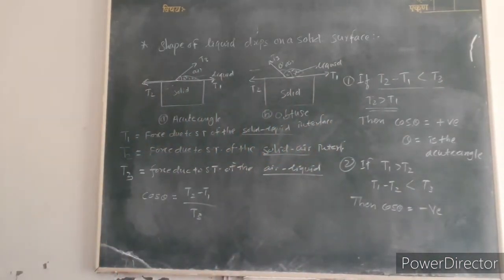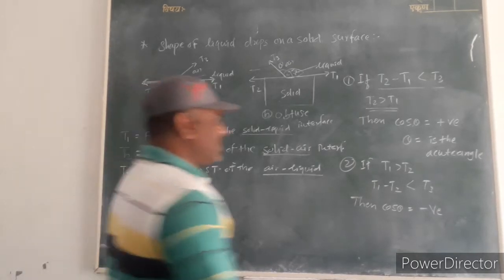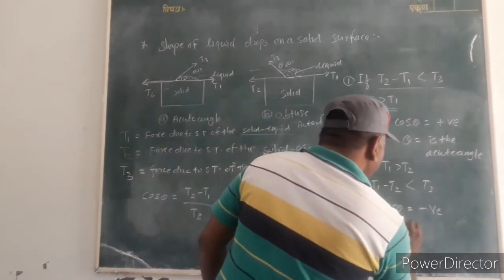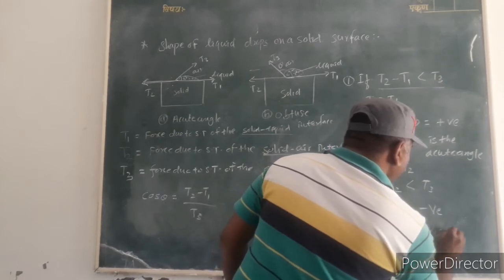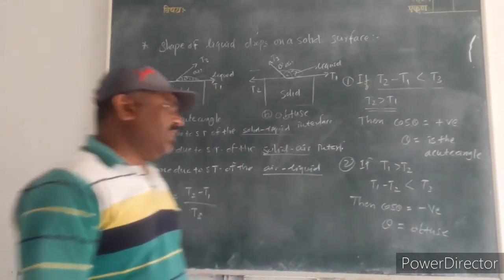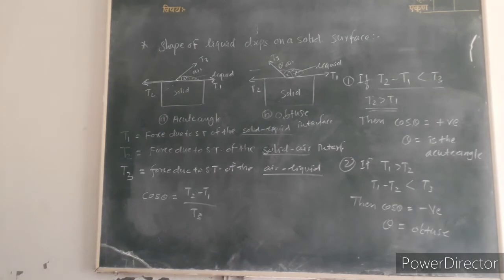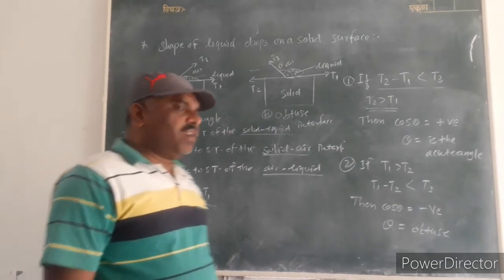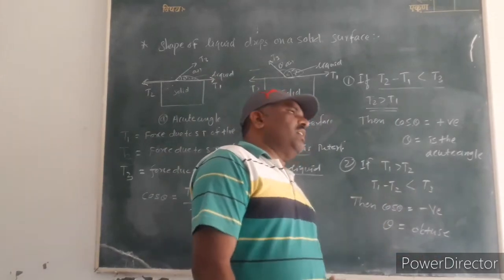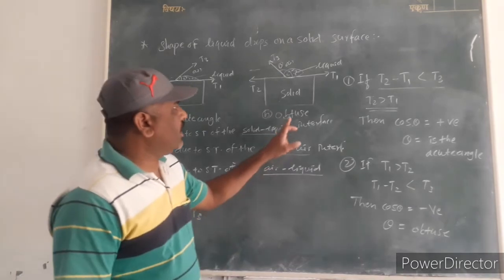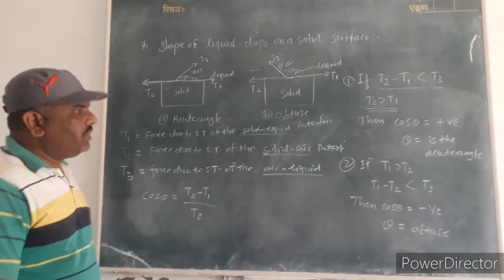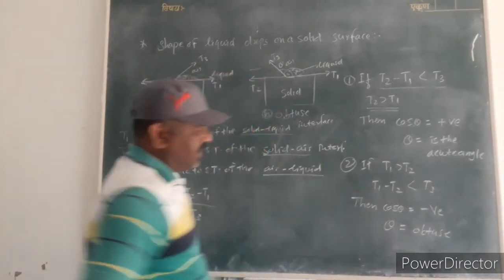Hence theta is an obtuse angle, that is, the value of theta is greater than 90 degrees, as shown in figure B.